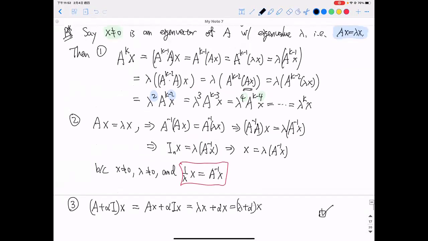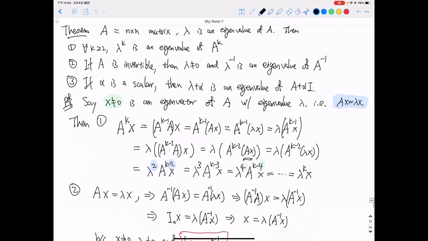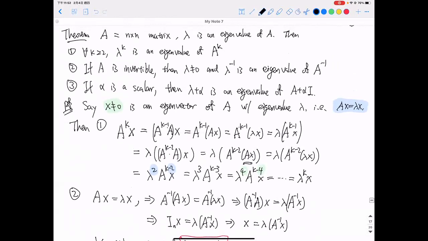And you can use this statement: if you have some A that you know the eigenvalues of, then you can determine the eigenvalues of these matrices without actually computing these matrices. Okay.